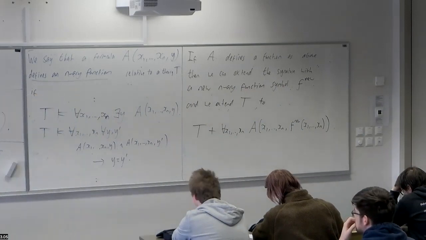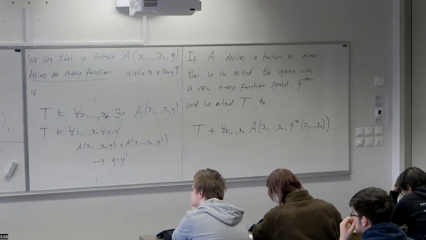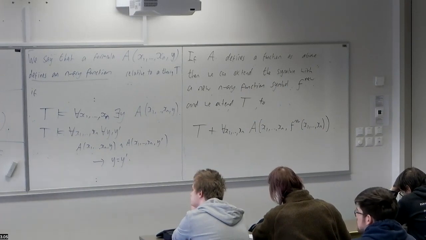And the main result about this is that it does not change expressivity of the theory. We cannot say anything new in the theory with the extended signature that we could not say before in the original theory T that we started with, and the original language that we started with.